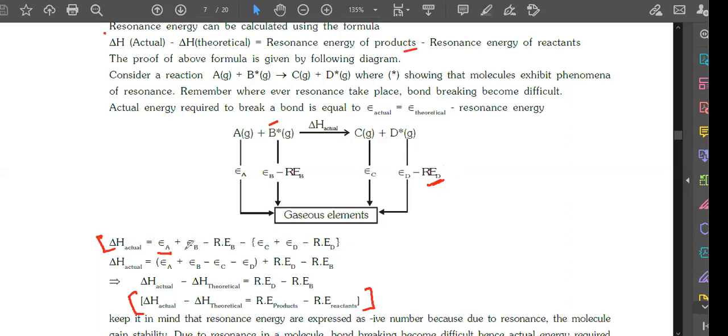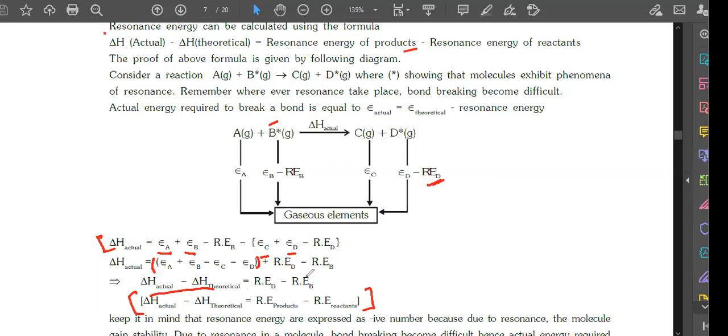Theoretical would be EA plus EB minus EC plus ED. This would be your delta H theoretical. So if you take it to this side, it will become this, and this will be your delta H actual minus delta H theoretical, equal to resonance energy of product minus resonance energy of reactant.